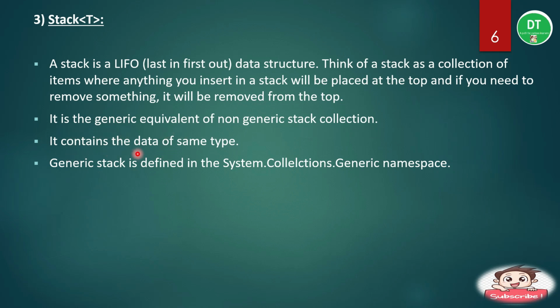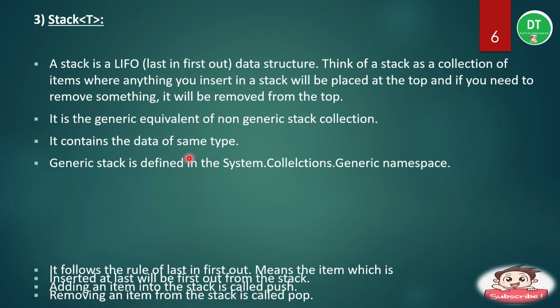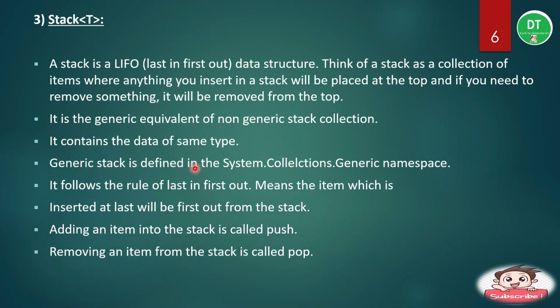It contains data of the same type. Generic stack is defined in the System.Collections.Generic namespace. It follows the rule of last in first out, meaning the item which is inserted last will be first out from the stack. Adding an item into the stack is called push. Removing an item from the stack is called pop.